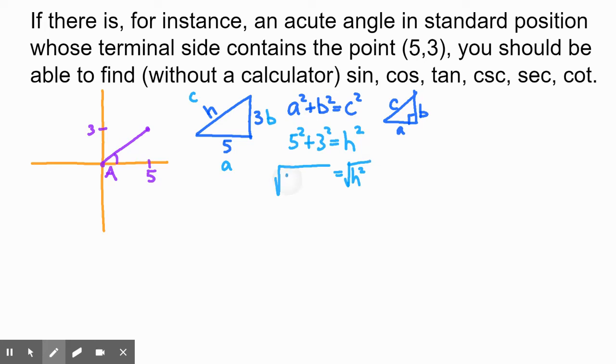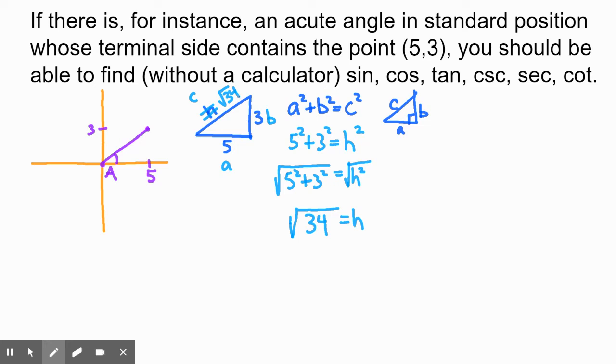So the square root of 5 squared plus 3 squared. 5 squared is 25, and 3 squared is 9. 25 plus 9 is what? 34, right? 5 times 5 is 25, 3 times 3 is 9. Yes, okay. So the square root of 34 equals h. So now we know that this right here is the square root of 34.